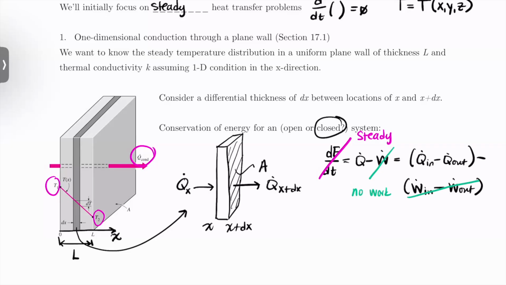Okay, so this just means that we have q dot in minus q dot out is equal to 0.